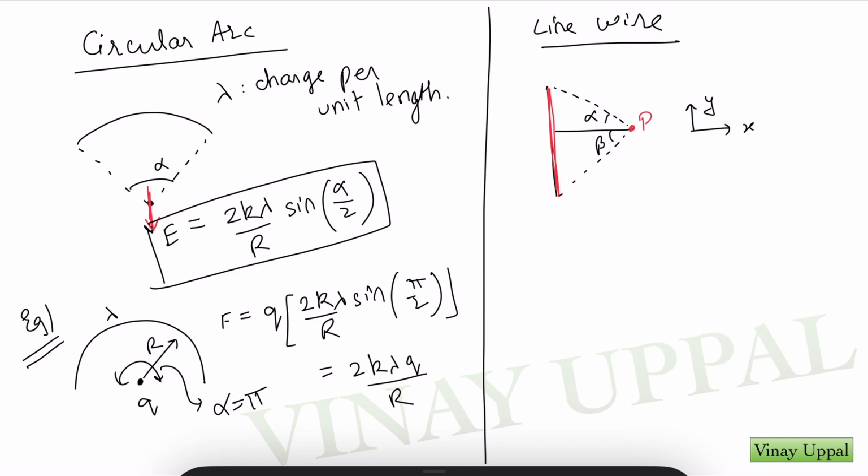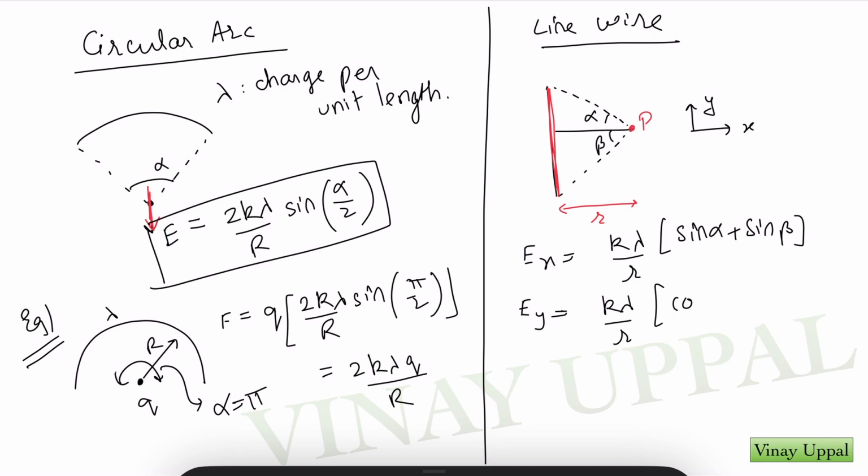Let's say the perpendicular distance from point P to the line wire is r. My electric field x component comes out to be k lambda by r times (sine alpha plus sine beta), and the y component comes out to be k lambda by r times (cos alpha minus cos beta). Just remember that we've taken this as my orientation for the x and y axes.